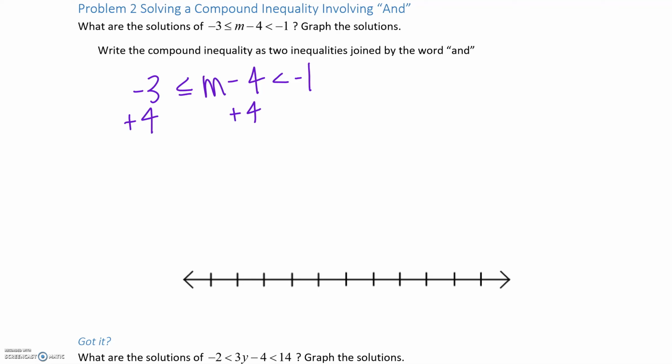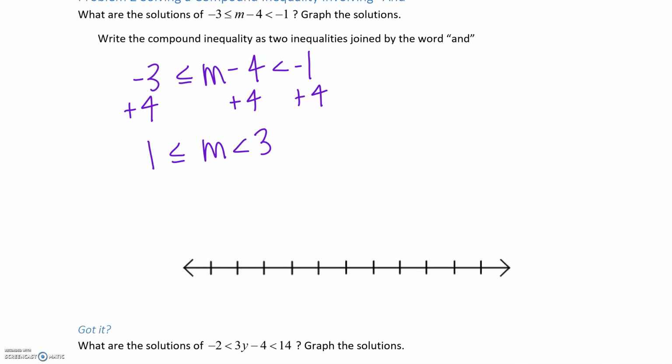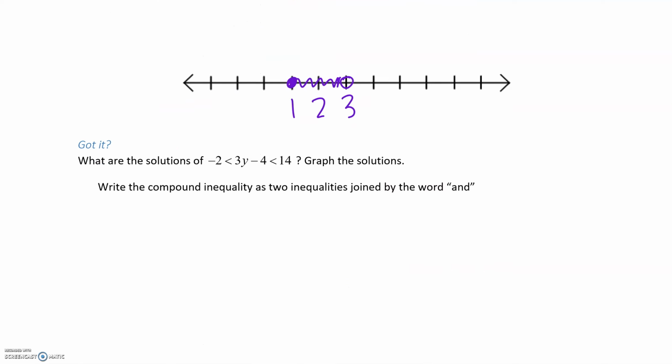So we're going to add 4 over here, add 4 to the middle, and add 4 to the other side. That's going to leave us with 1 is less than or equal to m is less than 3. Okay, and when we graph it, we have 1, 2, 3. We're going to have a closed circle at 1, open circle at 3, and shade in between.